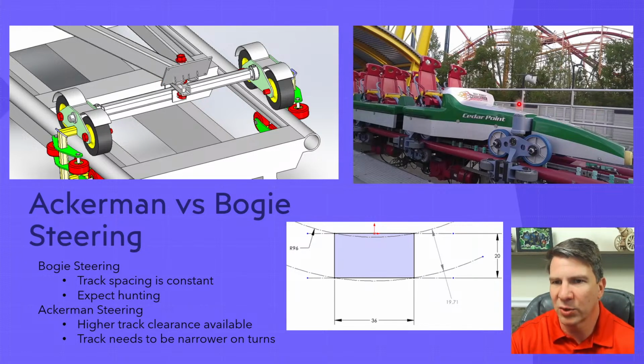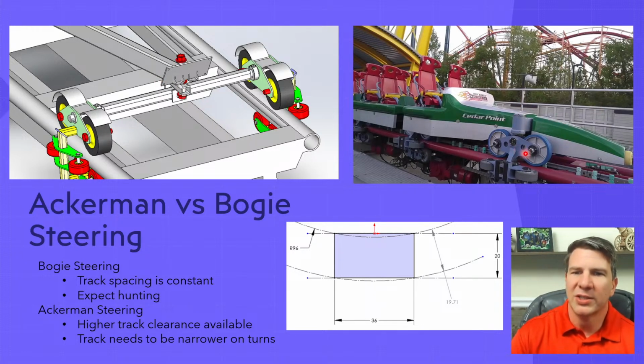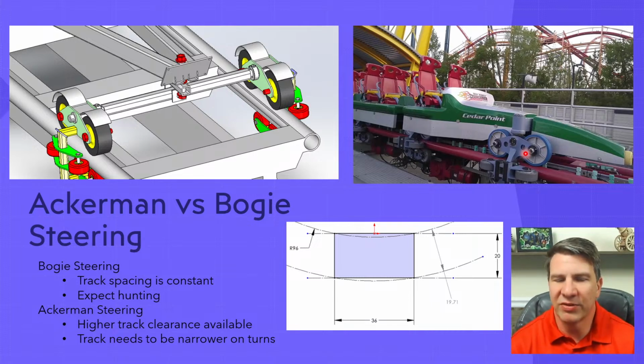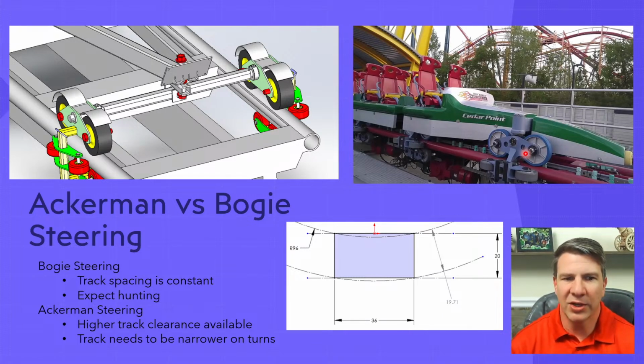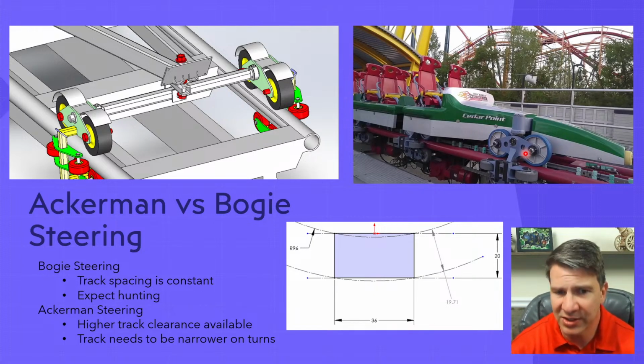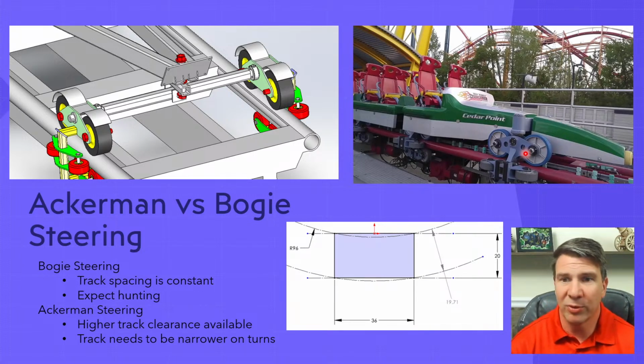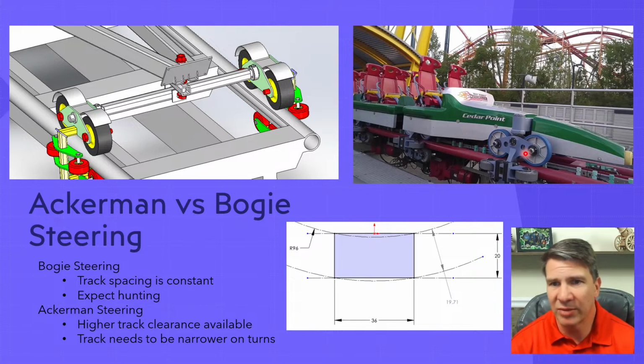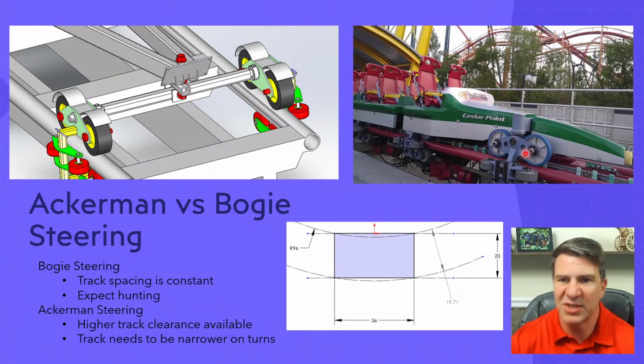It's got this vertical pin here where it does pivot. So that's pivoting at each of the four corners, and this is called Ackerman steering. Some of the benefits of Ackerman steering is we get higher track clearance, which is great for putting things under the track, in between the track, like tire drives and brakes, other types of stuff like that.